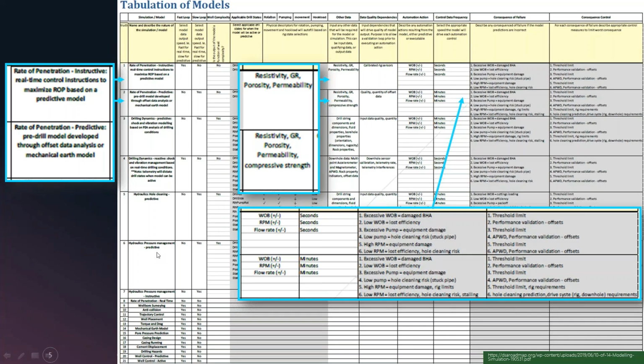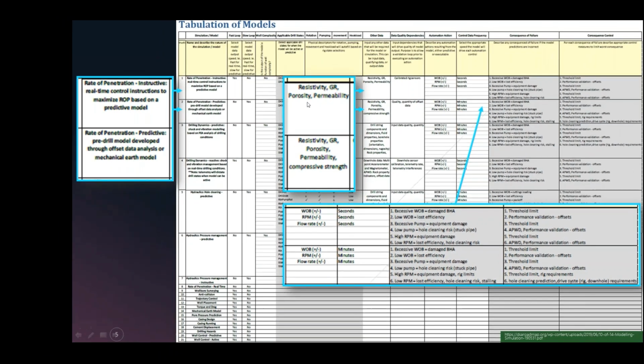What Quantico focuses on is how do I optimize your ROP? In these first two rows, where it's really about ROP optimization in real time and pre-drill, you'll notice there are various inputs as this table lays out.